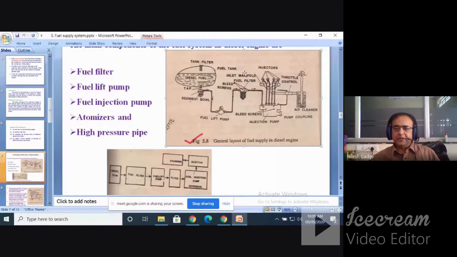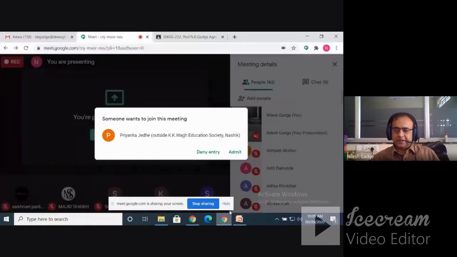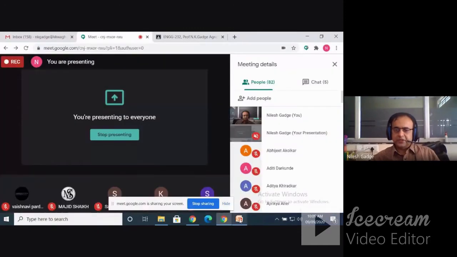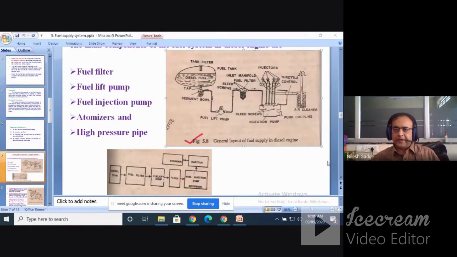So very simply, that is how it works. You should understand that the fuel from the diesel tank enters into the filter or the sediment bowl. It is filtered, and then through this pipe it goes to the fuel lift pump. Now there are three fuel filters.